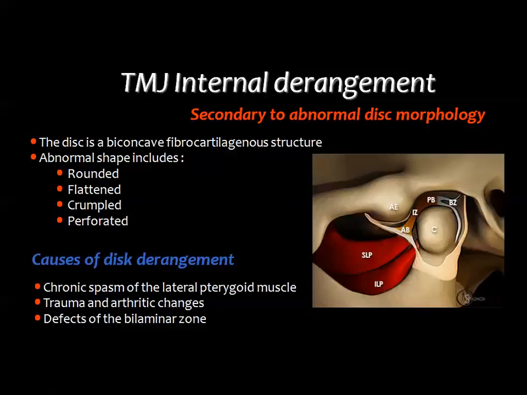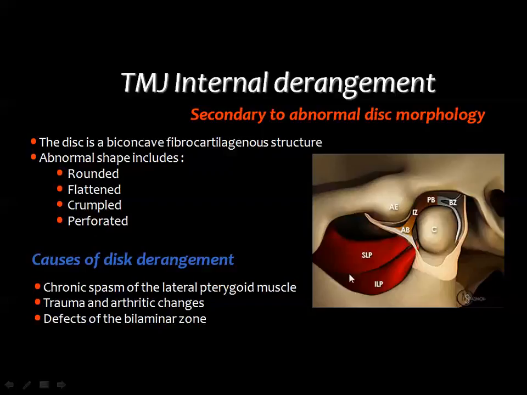Then any abnormal arrangement within the temporomandibular joint, like diseases affecting the articular disc or affecting the joint itself. The TMJ is a joint similar to any other joints in the human body that can be involved in osteoarthritis, in rheumatoid arthritis, in many diseases.